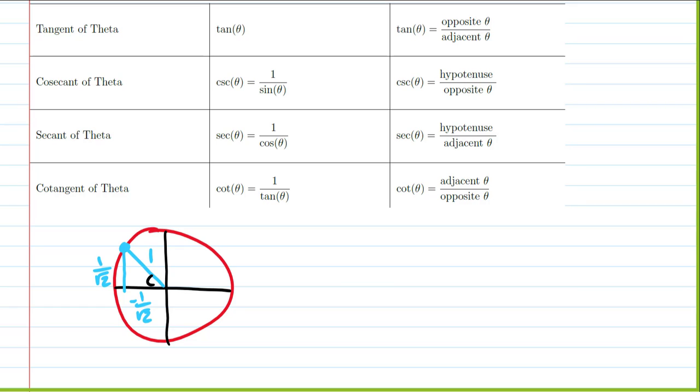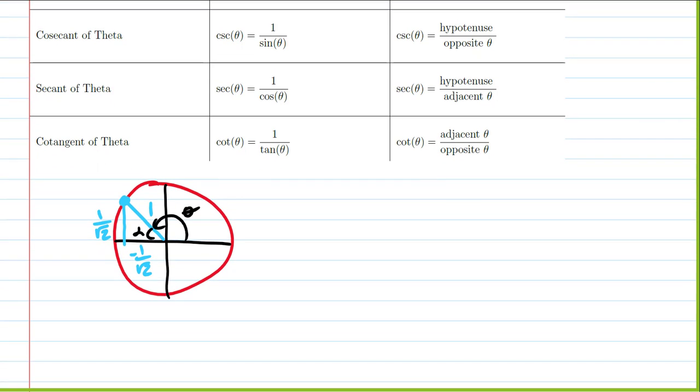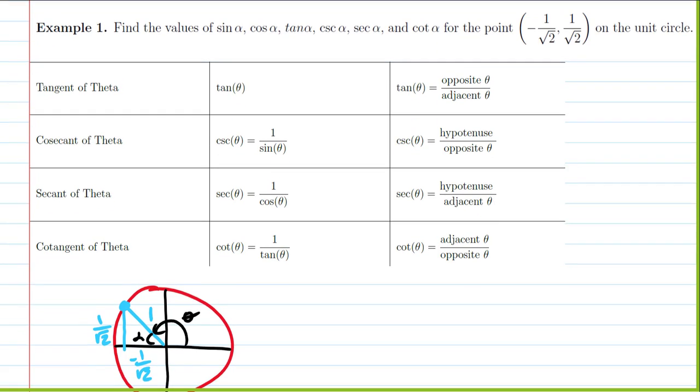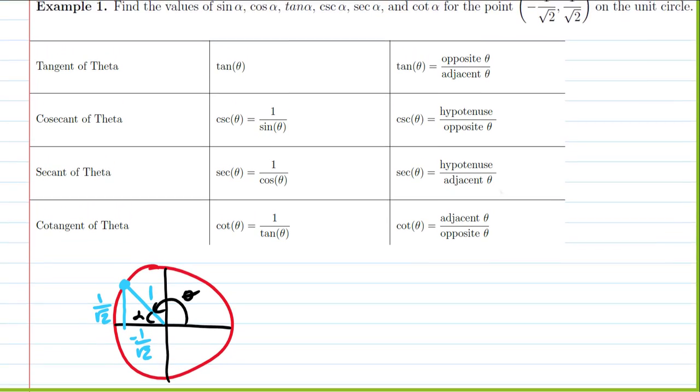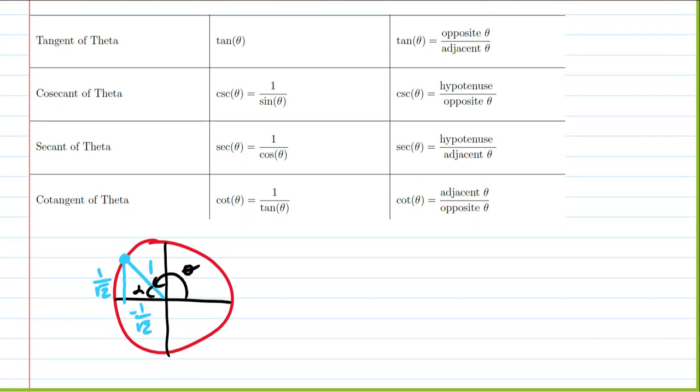So our reference angle here is alpha, and our actual angle theta is here, but we can figure out what our angle is. So if we want sine, I wrote those backwards for this one, because alpha is what we were asked to find. So then that would be our reference angle.